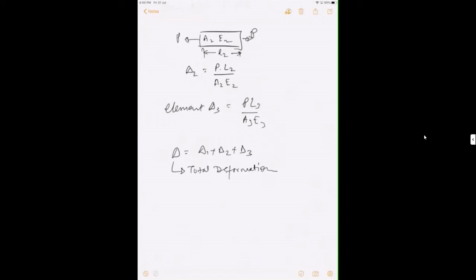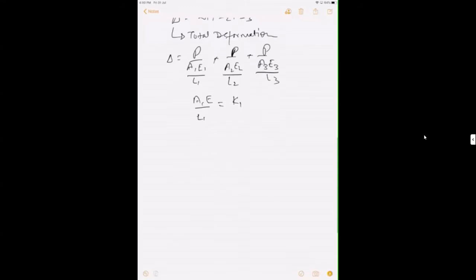Okay, so I'll write here delta is equal to P upon A1 E1 upon L1 plus P upon A2 E2 upon L2 plus P upon A3 E3 upon L3. Now this A1 E1 upon L1 is my K1. Let's denote it K1.